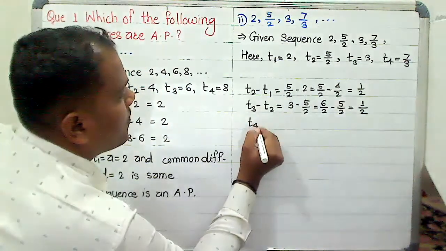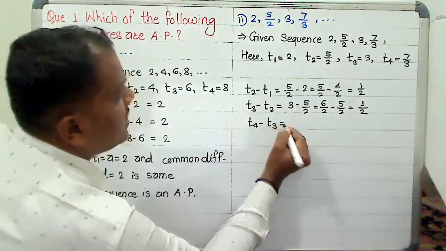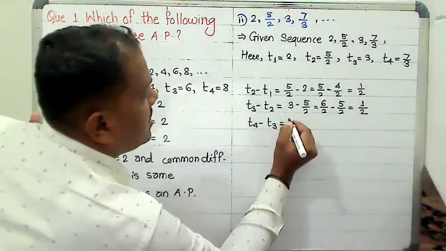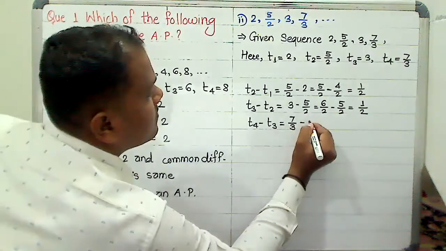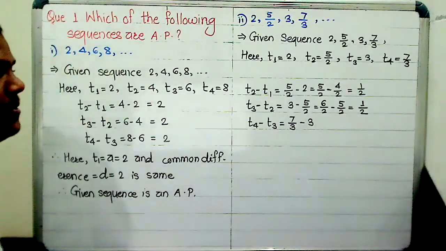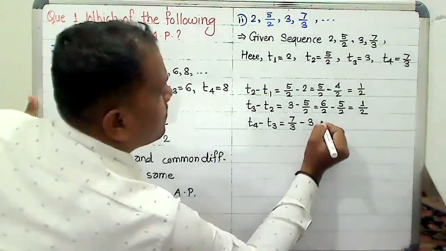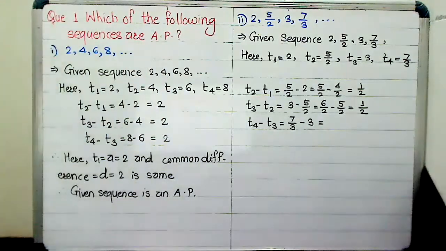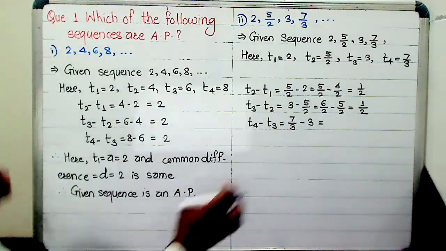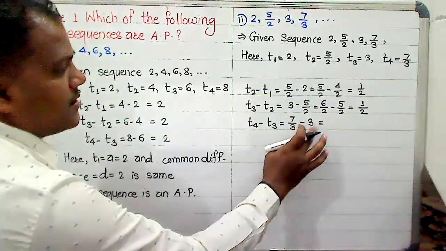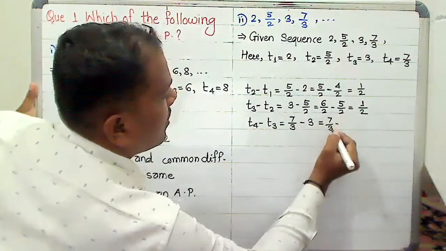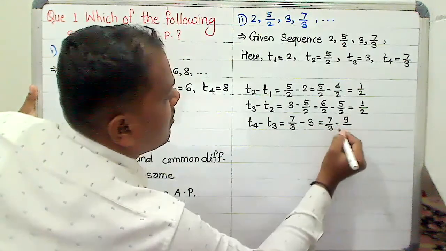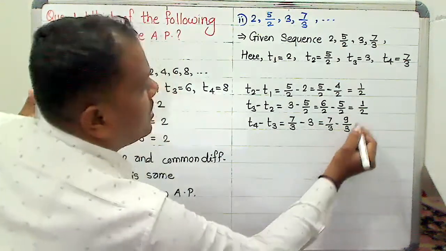Now, T4 minus T3. T4 is 7 by 3 minus 3. I can write this 3 as 9 by 3, so it is 7 minus 9 by 3.